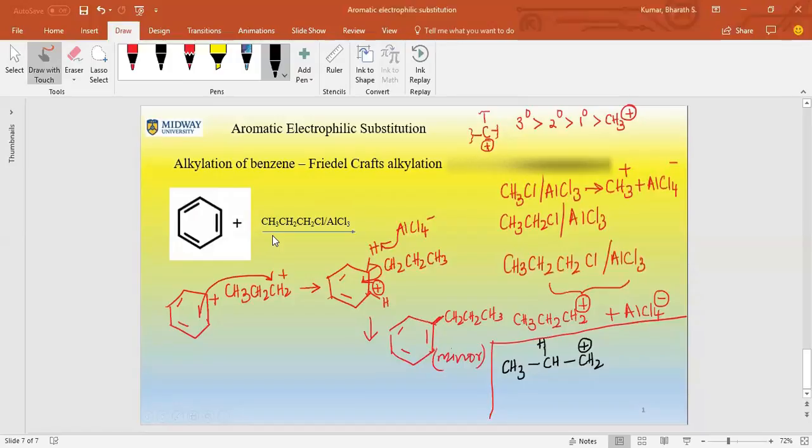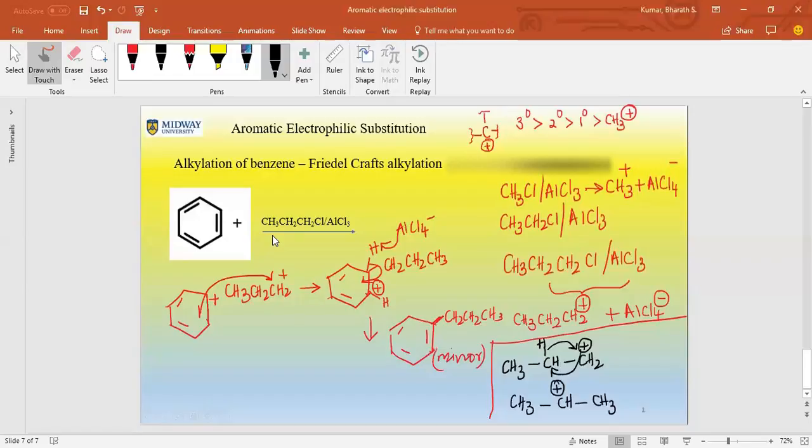So that means what I'm going to do is move this bond, this with the hydrogen here, and move the positive charge over here. What does that do? Well, basically, you've lost a hydrogen, but you have now obtained the positive charge on the middle carbon, and the hydrogen has now gone here. This is an isomer of this.